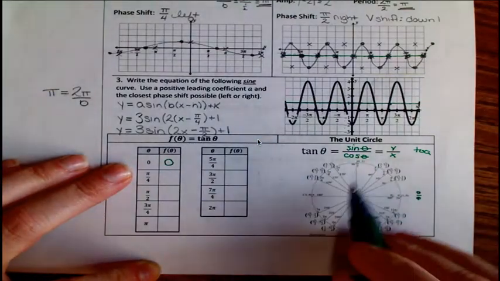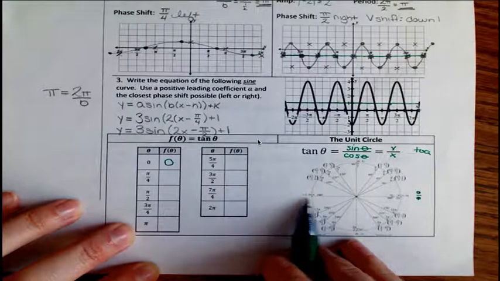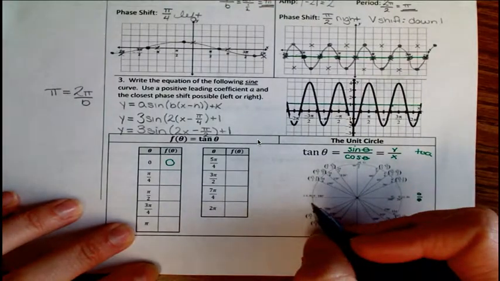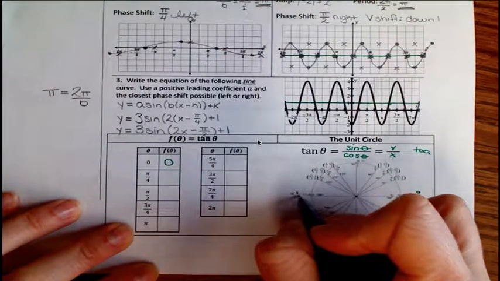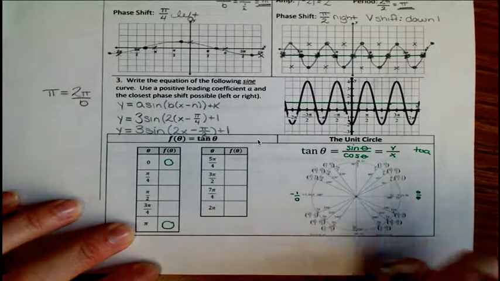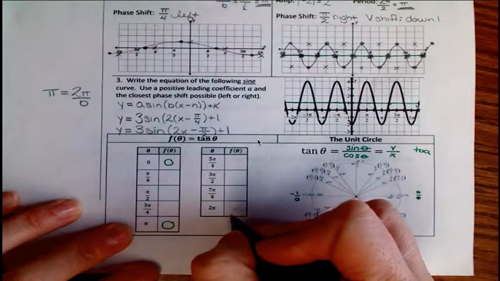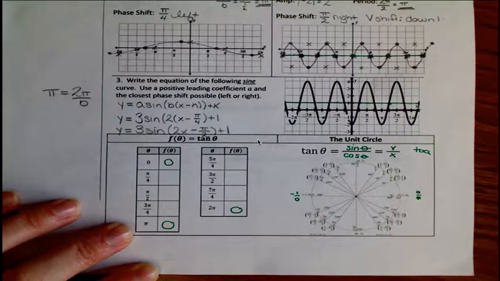Let's look over here at pi. It's kind of the same thing, right? It would be 0 divided by -1, which gives you 0. And then 2 pi over here is the same thing as 0 degrees, so also 0.